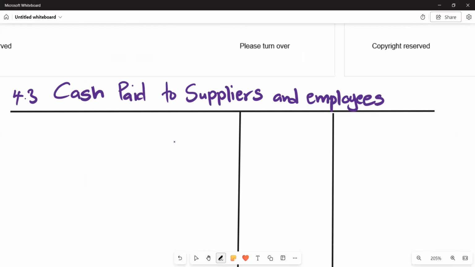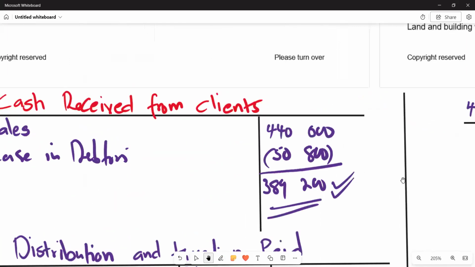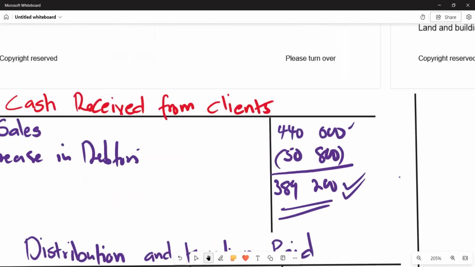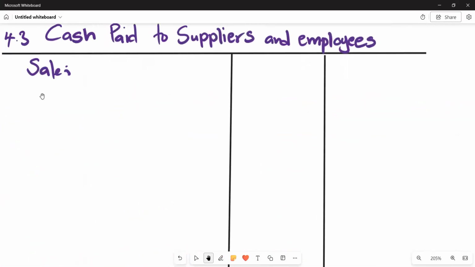Obviously, we are also going to start with the figure for sales. We already know the figure for sales, we did put it here. It's here with 440,000. So we are saying 440,000, and we are going to put it in the last column.